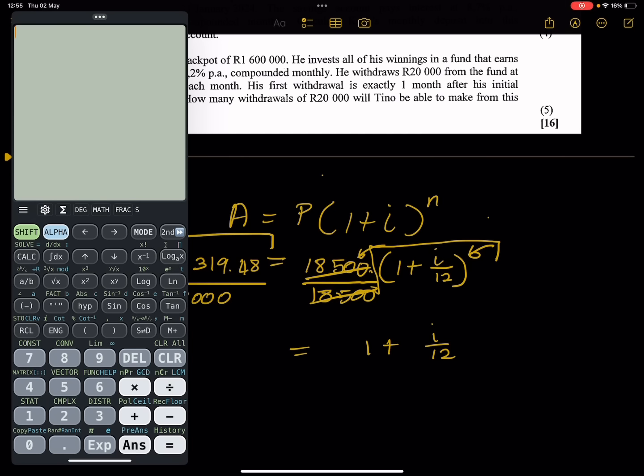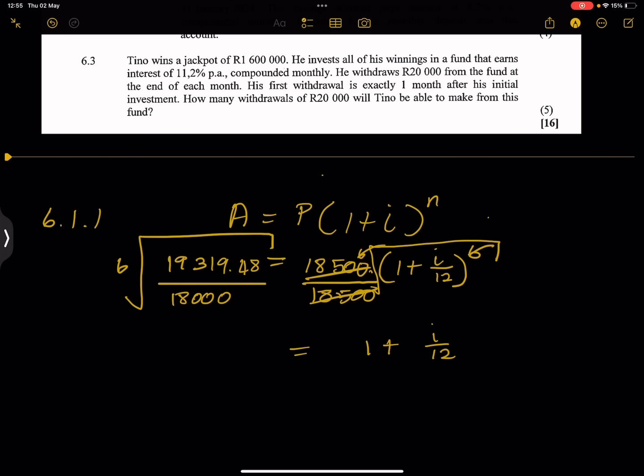I'm going to say shift, and take the 6th root of, let's put that in brackets, 19,319 and 48 cents, and we are dividing that by 18,500. Okay, right, we get that value 1.007, and we are going to subtract.